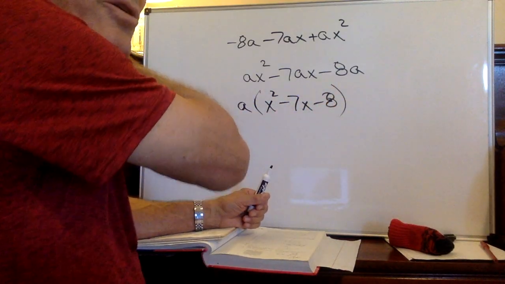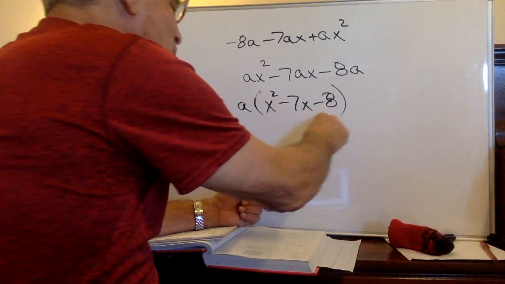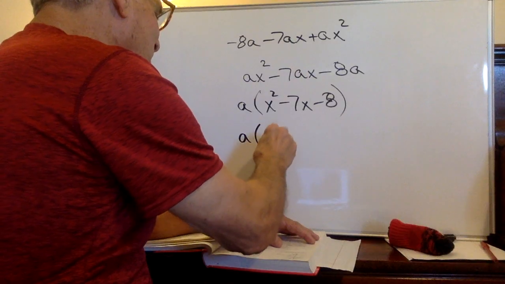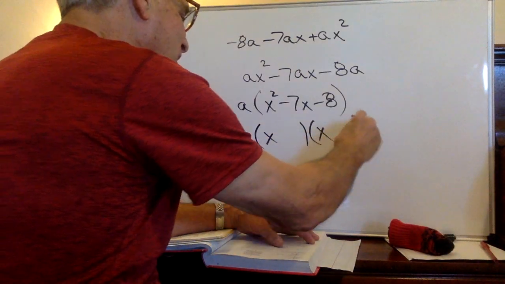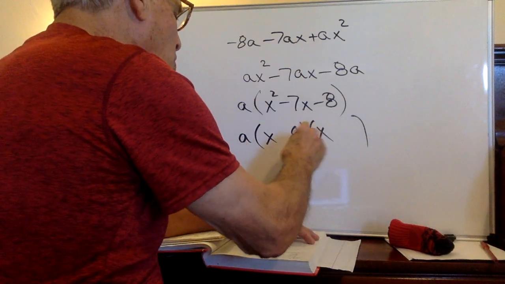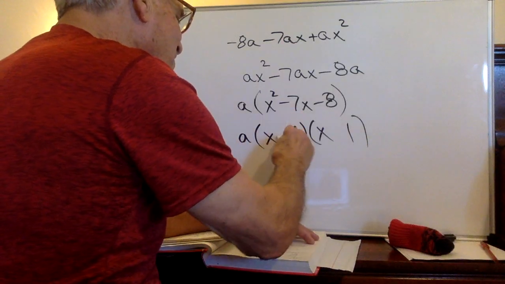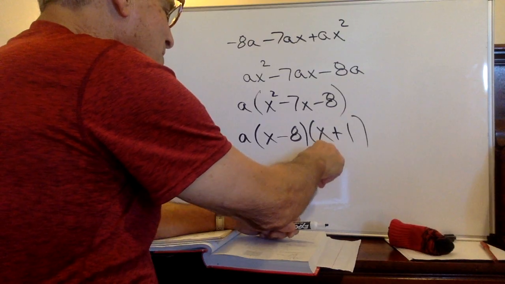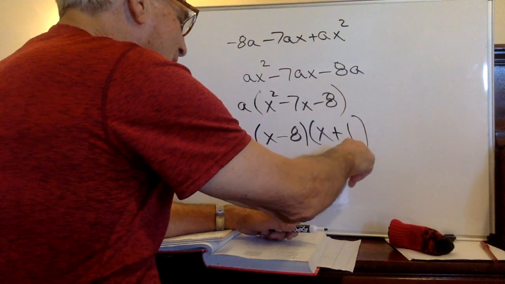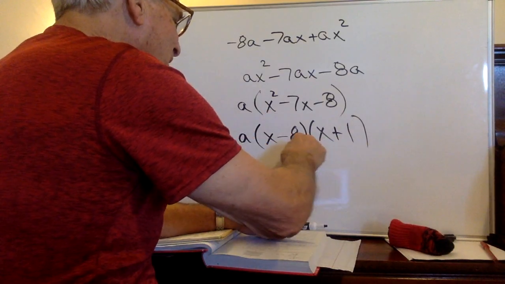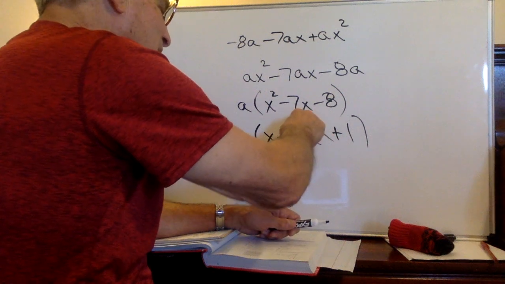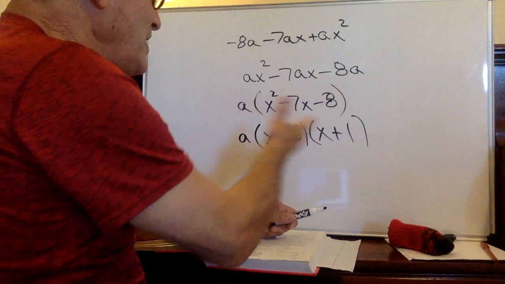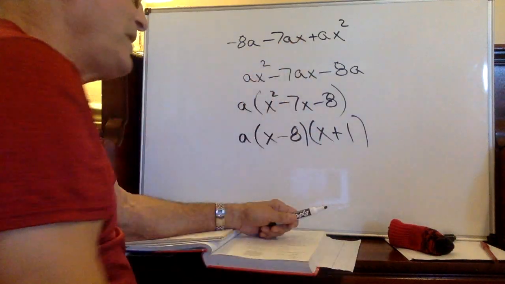If you stop there, you're one step short because this trinomial is also factorable. x and x, 8 and 1. I want a negative 7, so it's minus 8 plus 1. Check it. X times x, x squared. Outside, inside. Positive x minus 8x is minus 7x. Negative 8 times positive 1 is negative 8. This is the completely factored form of this.